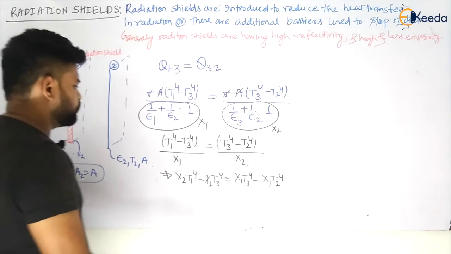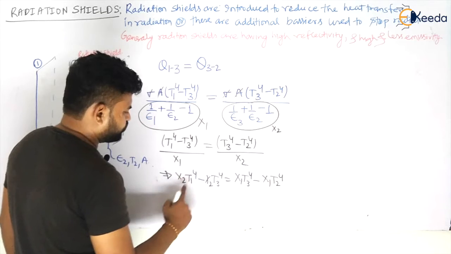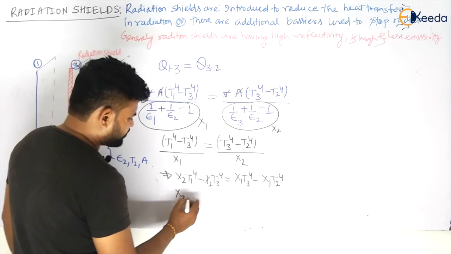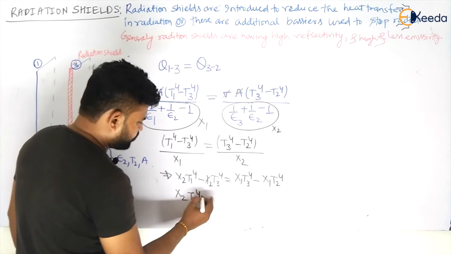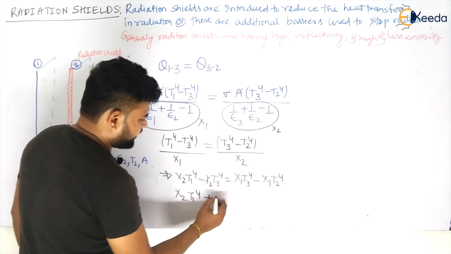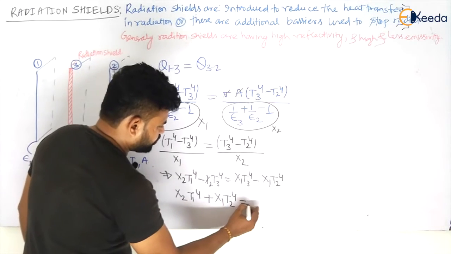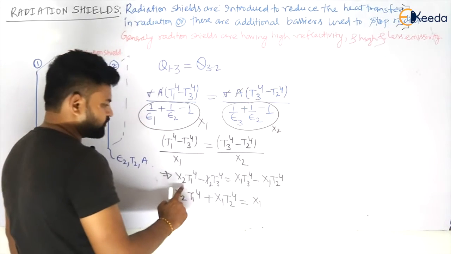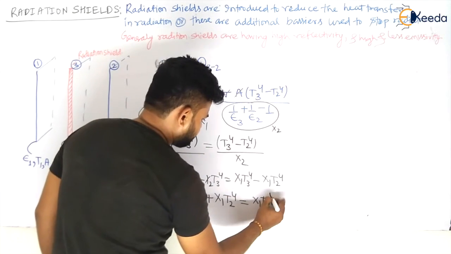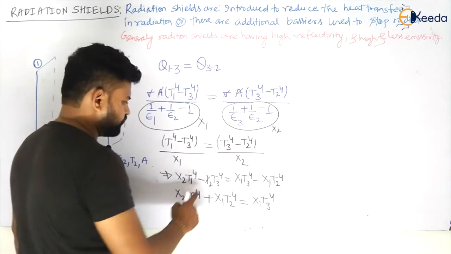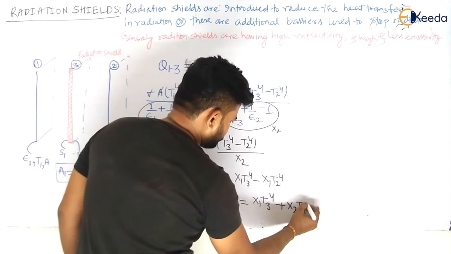Yes, so can I have a T3 value? Yes, I can. I will take T3 this side and T2 this side. So this will become x2 T1 to the power 4 plus x1 T2 to the power 4 is equal to x1 T3 to the power 4 plus x2 T3 to the power 4.